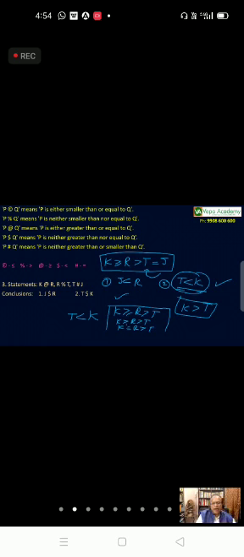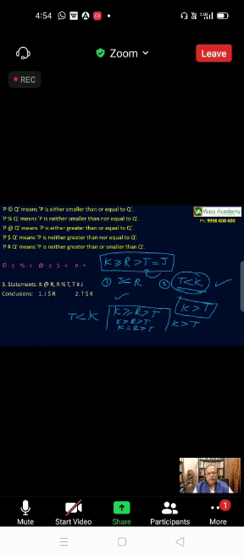When K is greater than R is greater than T, just remember A is greater than B, B is greater than C. What about K and T? K is greater than T. Agreed?